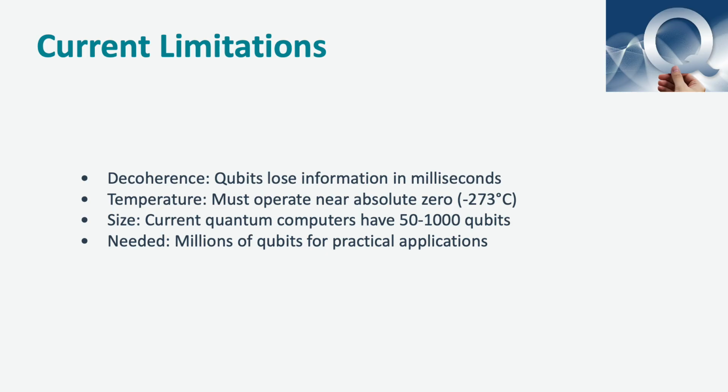We are several orders of magnitude away from the goal, and each additional qubit makes the system exponentially more difficult to build and control. These aren't just engineering challenges to solve, they represent fundamental physical constraints that may require completely new approaches to overcome.